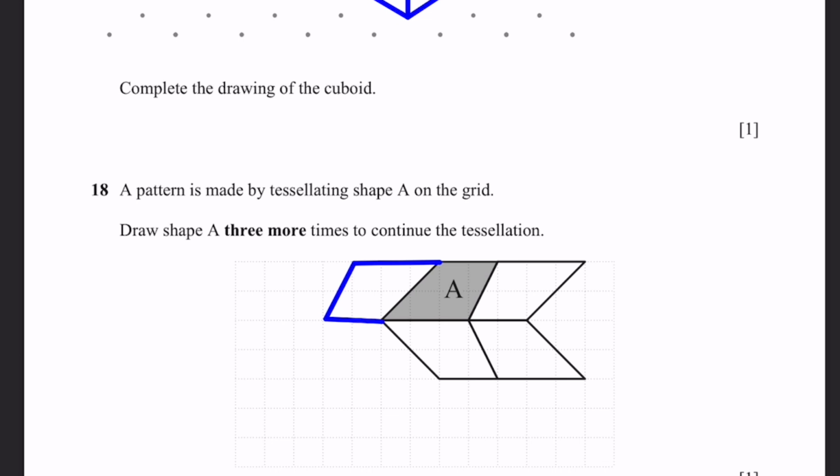So that's 1. We can do it over here as well. That's 2. And we can do it one more time, like this, which makes it similar to the original shape itself. That's 3. And we just need to draw it 3 more times, so this will be our answer.